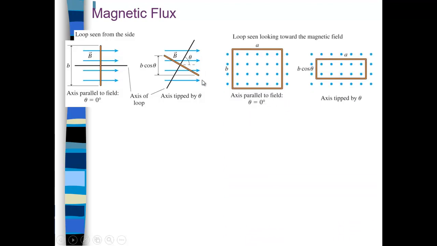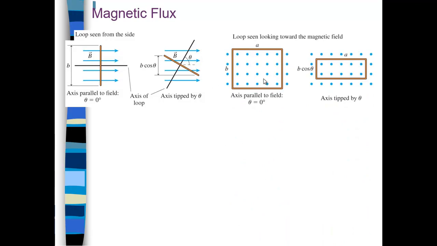If the axis is tipped by theta, then the flux going through is b cosine theta, okay? Where b is this length of your diameter of your loop, okay? So the magnetic flux is then changed. You'll have less magnetic flow going through, and that will change the magnetic field.